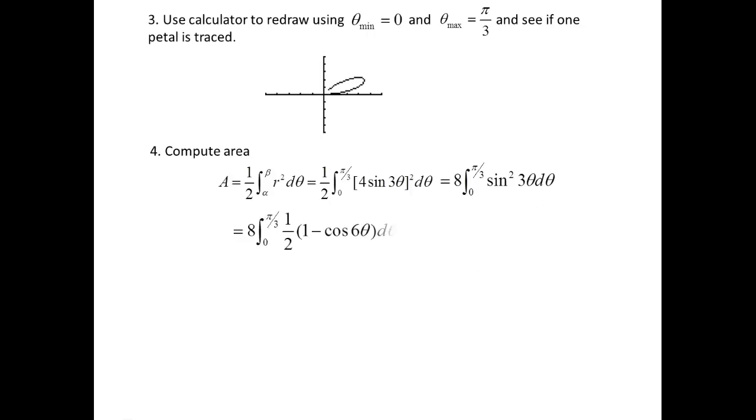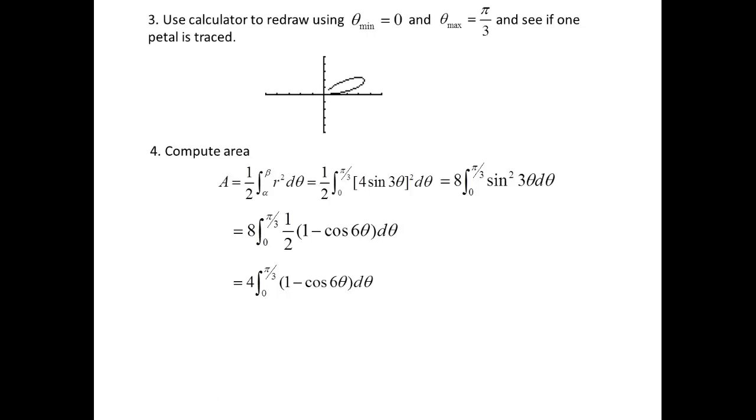And when we do that, we have 8 times the integral 1/2 quantity 1 minus cosine 6 theta d theta. So using the power reducing identity on sine squared 3 theta gives us 1/2 quantity 1 minus cosine 6 theta d theta. Well, if I rip the 1/2 out front, it gives me this integral.